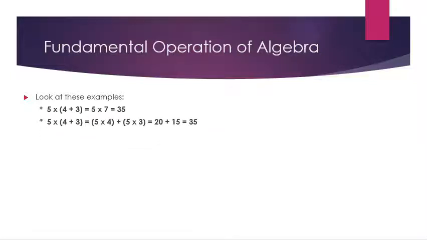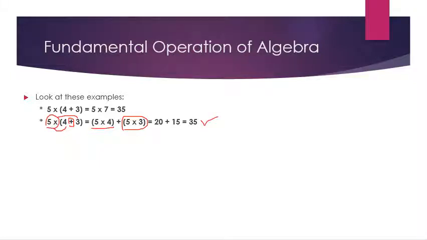But in some cases, we can also first multiply 5 multiplied by 4, and then 5 multiplied by 3, and then we add them. So 5 multiplied by inside the bracket 4 plus 3 equals 5 multiplied by 4 plus 5 multiplied by 3, which equals 20 plus 15, which is 35.